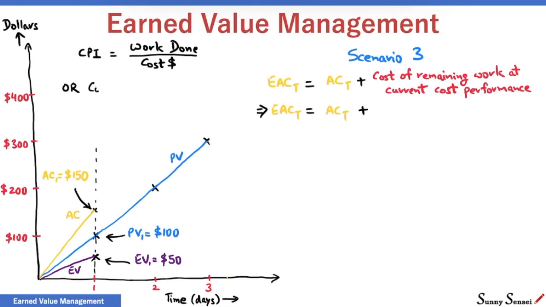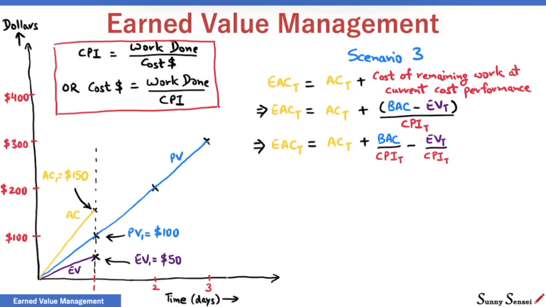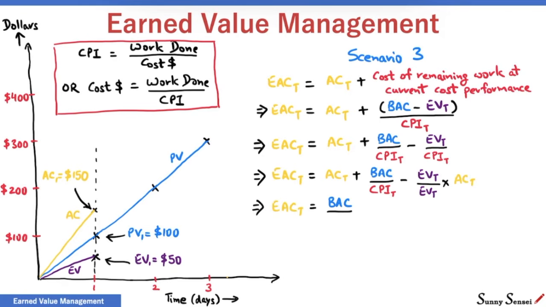This means that the cost of work done should be value of work done divided by CPI. Our remaining work is BAC minus earned value. So, the cost to perform this work will be (BAC minus EV) divided by CPI. Solving further, EAC is BAC divided by CPI. BAC represents 100% scope of the project and is done at the current cost performance rate, or the CPI.